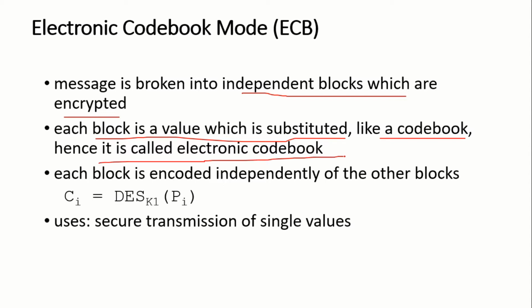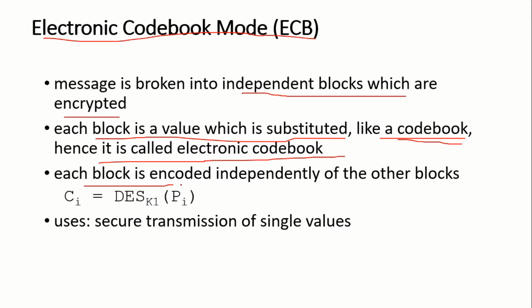We get a cipher text for the different blocks of the plain text, and we keep track of those cipher texts on the basis of the plain text blocks, just like we manage a code book. That is why we use the name electronic code book mode.